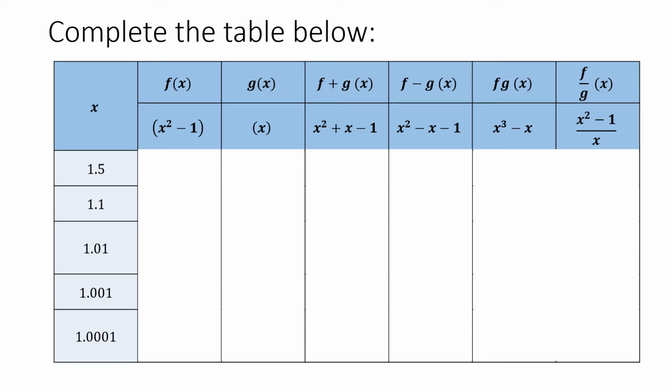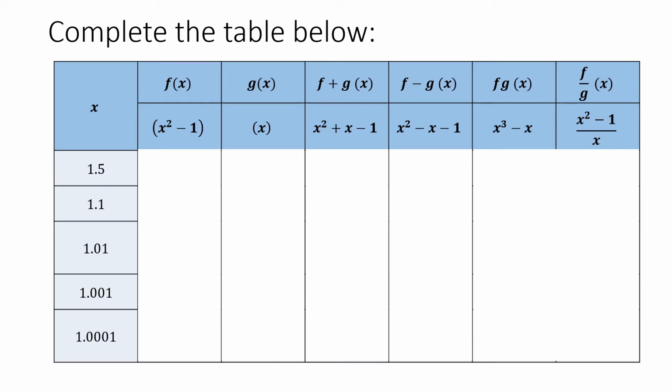Now let's investigate the values that we get by evaluating f of x and g of x and all of the operations on functions using these values of x here. Before I continue, let's observe what we are trying to do with the values of x.